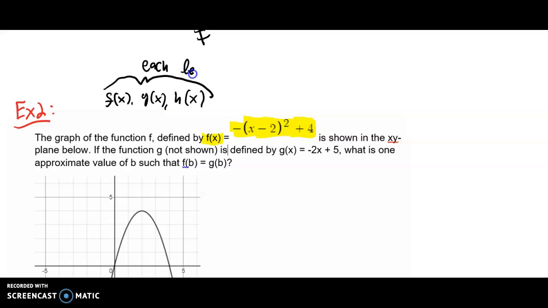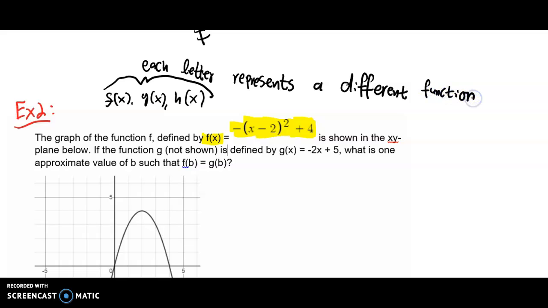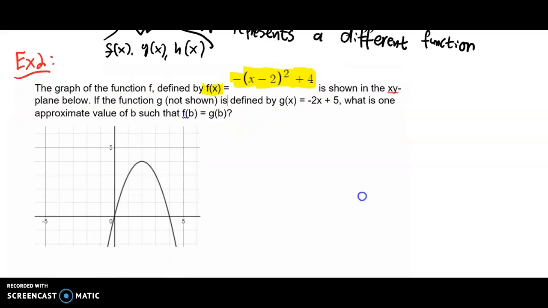Each letter represents a different function. Okay, so f is not g, g is not h, h is not f.